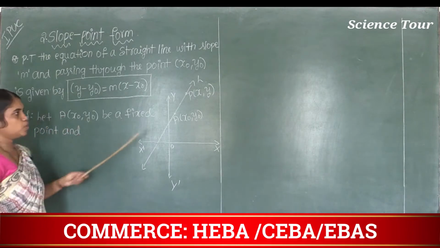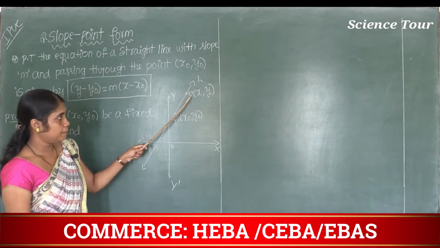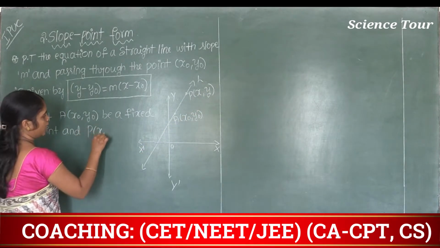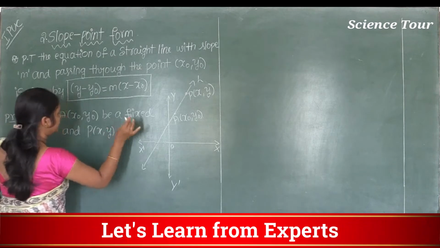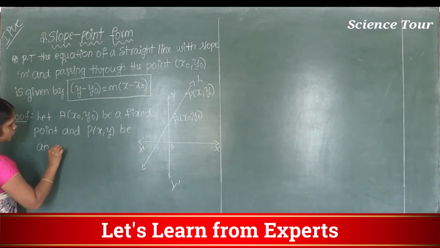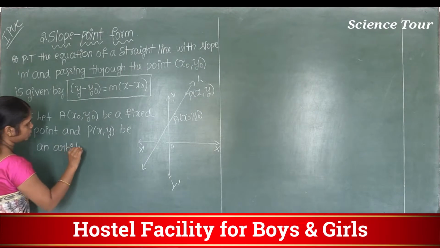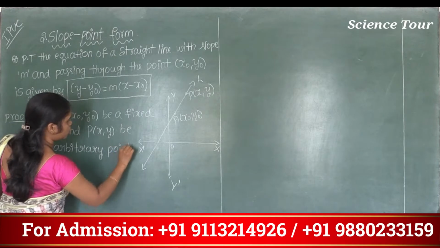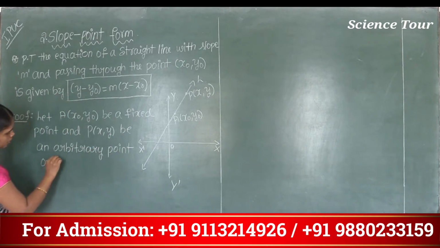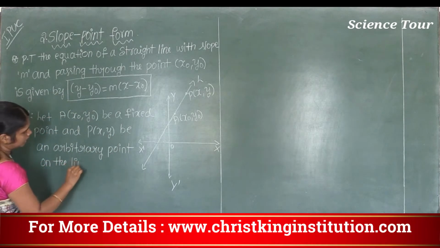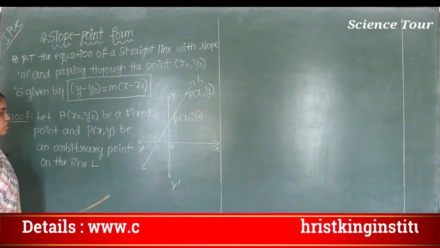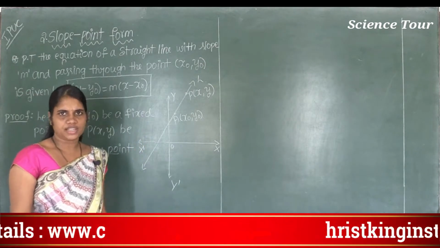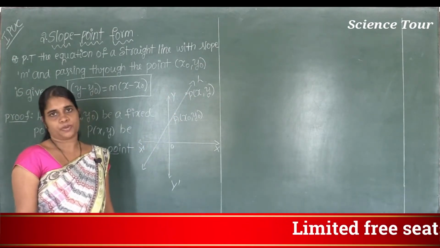And you can observe here there is another point, that is P of x comma y, and let P of x comma y be an arbitrary point on the line L. What is the meaning of an arbitrary point?